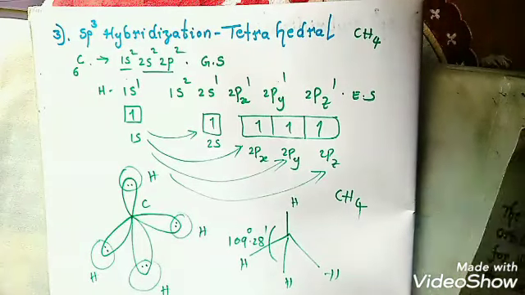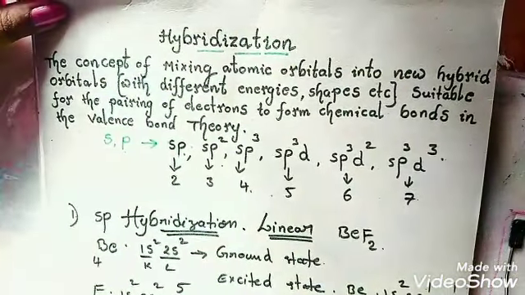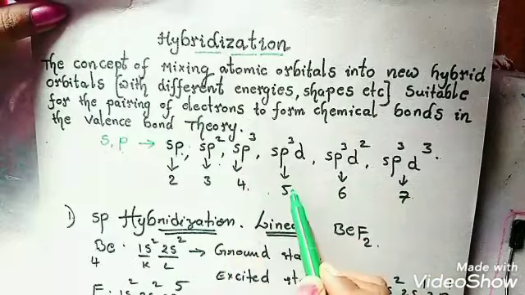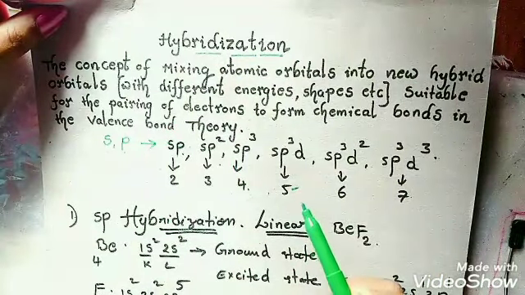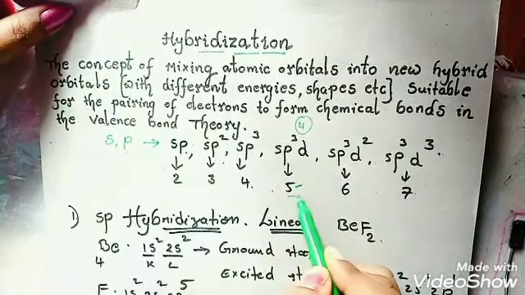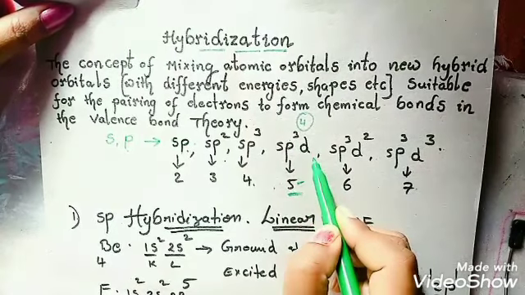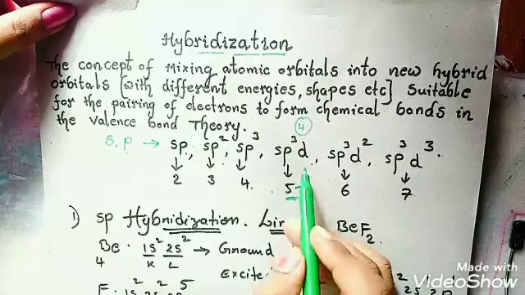And students, let's start the next one. Fourth one, the number 5 hybrid orbitals, sp3d. So the finally formed hybrid orbitals must be 5, sp3d.